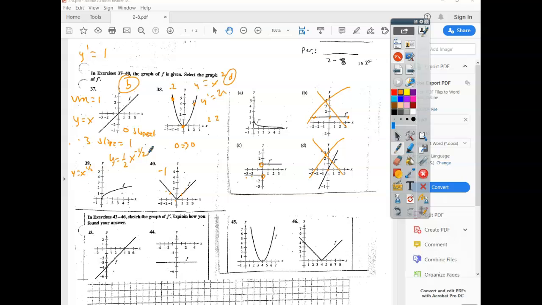Subtract 1. Y equals x to the negative 1/2. Y equals 1/2, throw the 1/2 out in front. X to the negative 1/2, right? Subtract 1 from the power. All right?